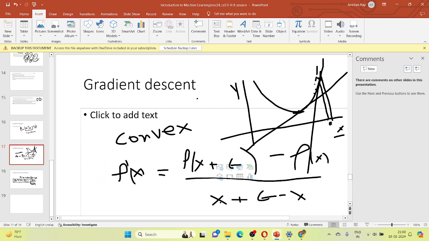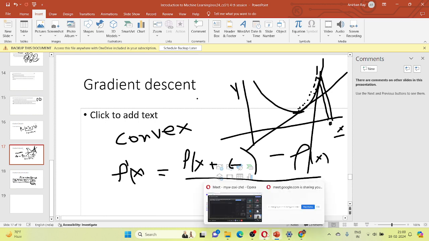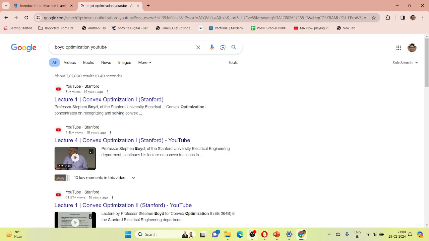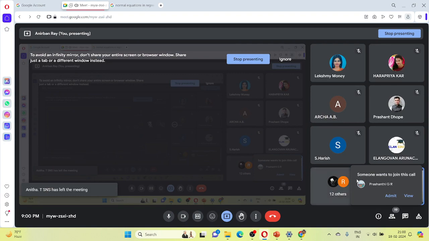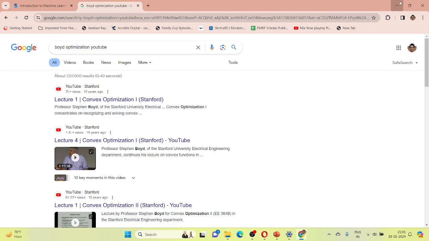So the idea is that we take a big step, then a small step, small step, small step, and then the step becomes so small that it is approximately coming to this position, if you understand this.